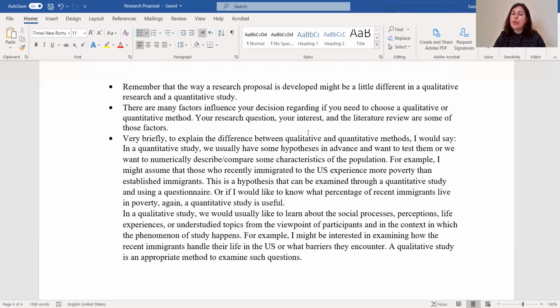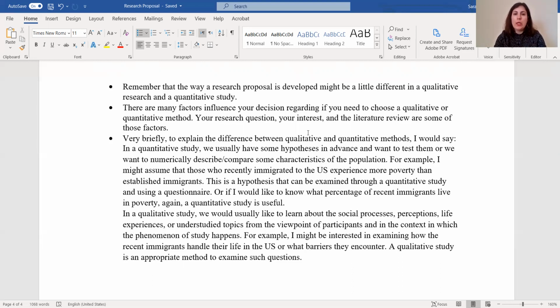I might assume that those who recently immigrated to the US experience more poverty than established immigrants. This is just a hypothesis. Nobody has already proved this, and I'm gonna test this hypothesis. Then the best way to test this is to conduct a quantitative study.